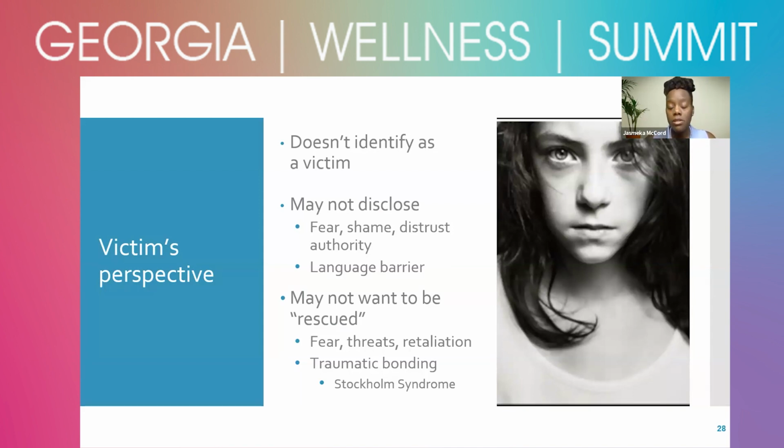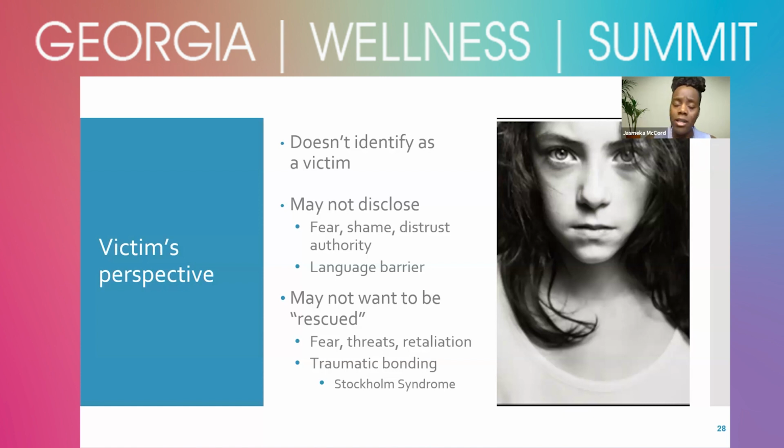From a victim's perspective, that may be another barrier to identifying a victim, is that maybe they don't identify as a victim. They have been coerced to the point where it's something that they can't even relate with anymore. They may not even feel comfortable disclosing that information because of fear, because of shame, distrust, because of a language barrier, right? If we think about people coming from different countries that are abducted and brought here under those means, then maybe they may not know how to communicate that with you, or maybe they don't want to be rescued.